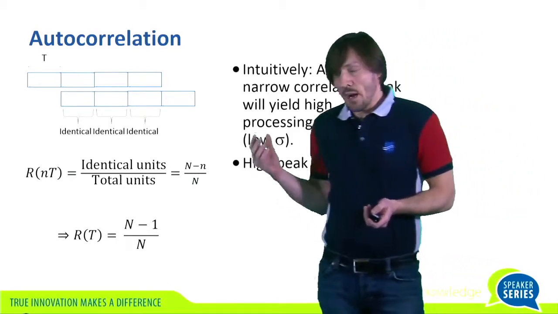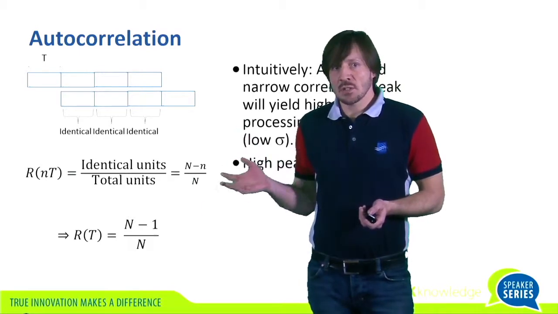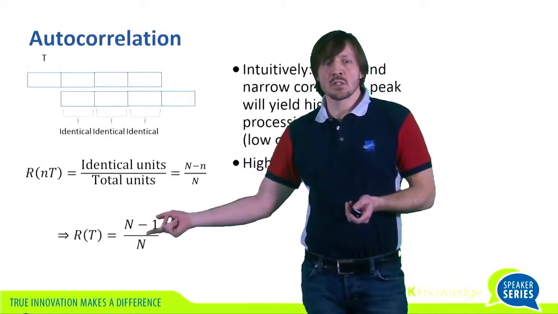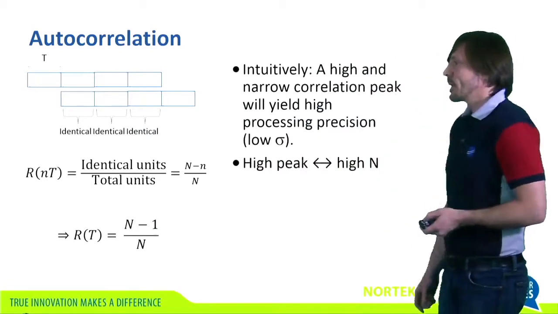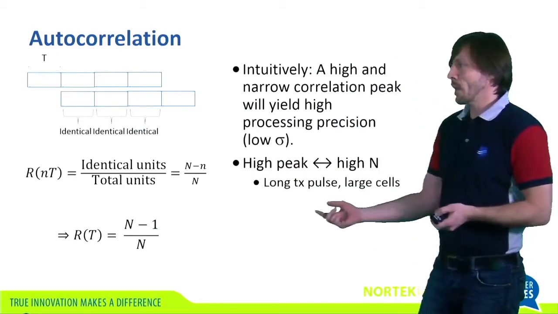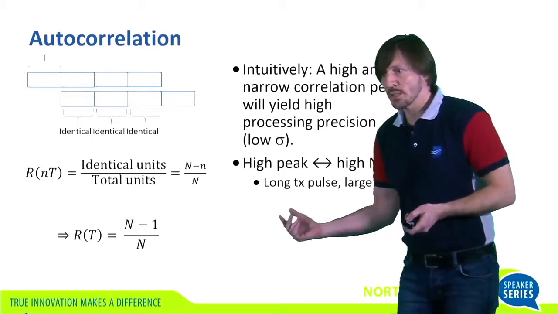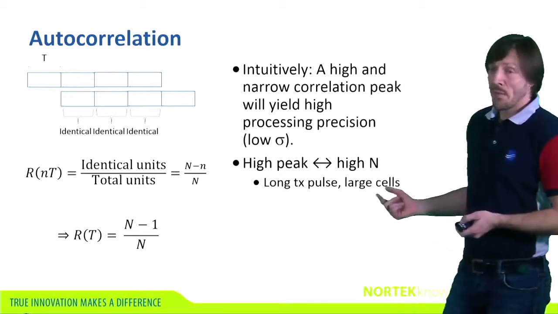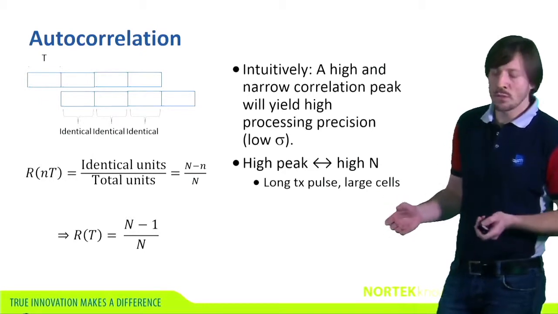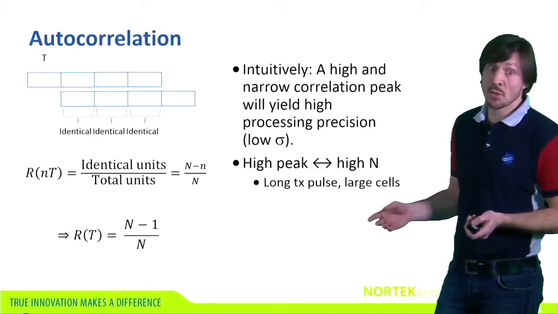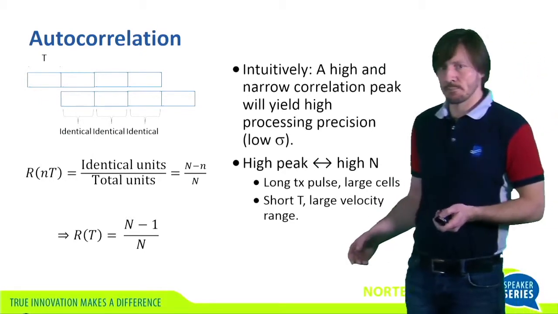So that means I can achieve a high correlation by just making this n large, right? Which again can be done by having a longer pulse, just adding more and more chirps. That means having larger cells and a reduced spatial resolution. So that comes at a cost.